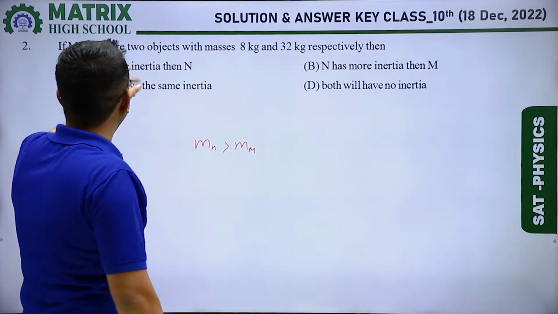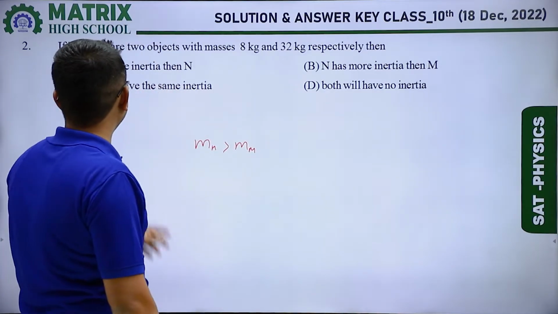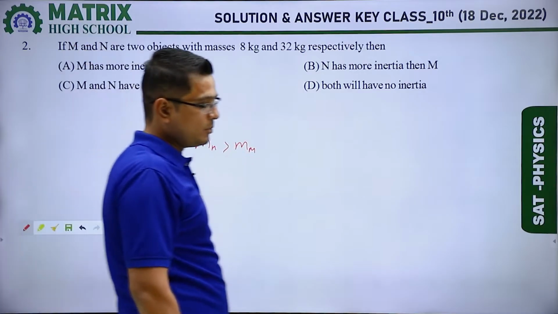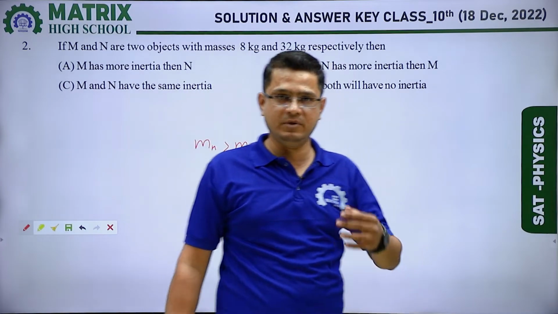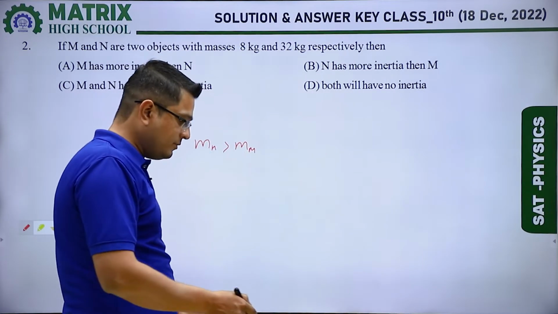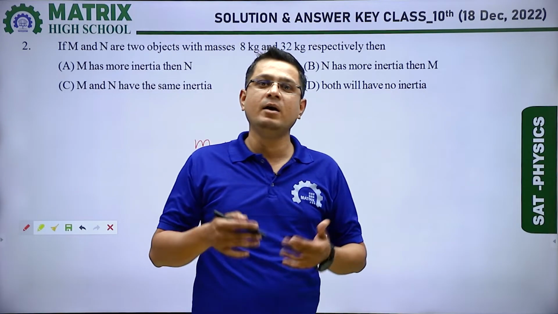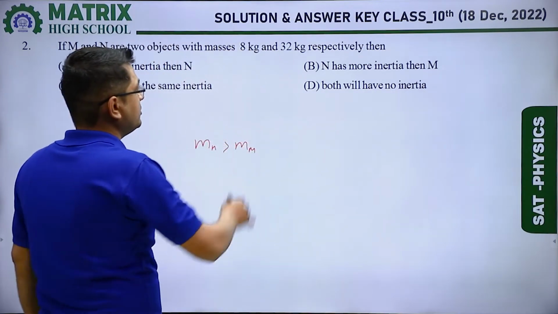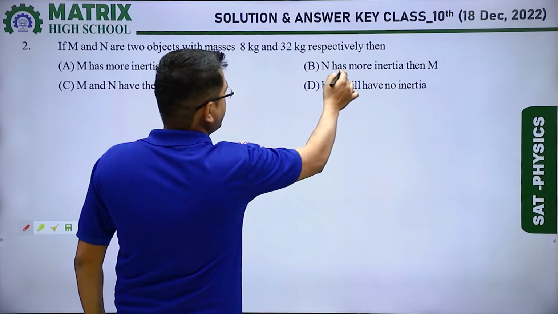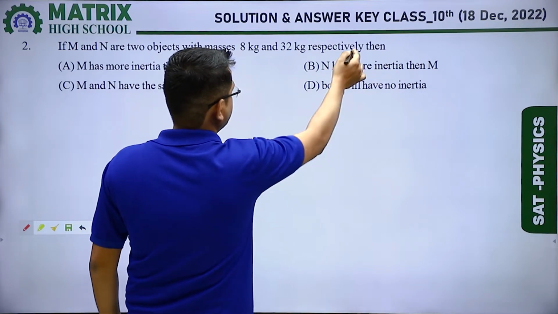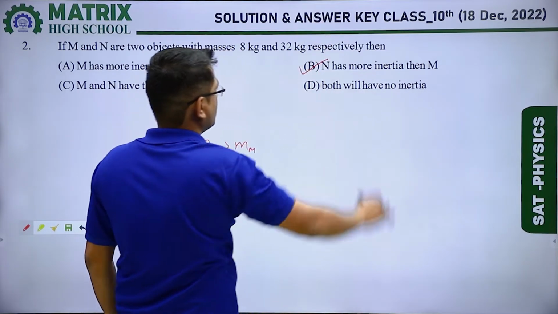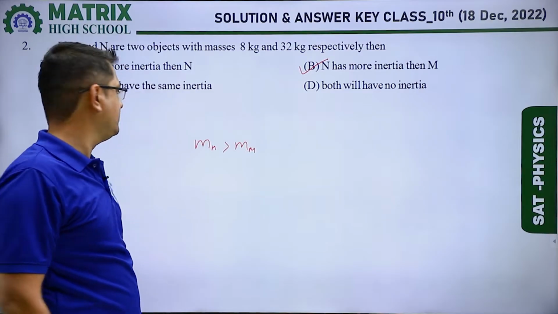M has more inertia than N. This is a wrong statement, because inertia is a property of a body which is a measure of mass. So the body which has more mass will have more inertia. So option B, N has more inertia than M, is the correct answer.